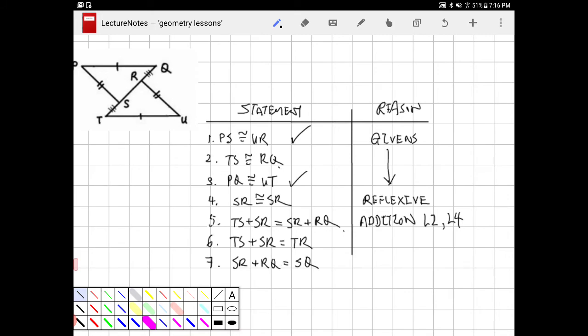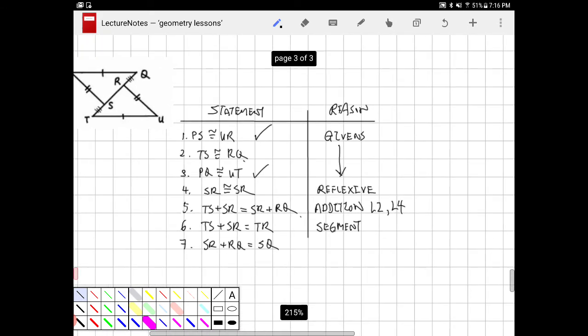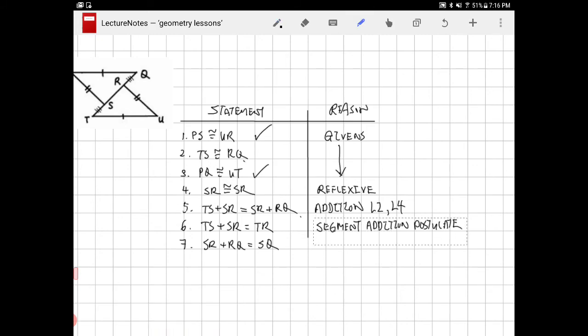So these two lines are made up of those different segments. And why is that true? Remember, this is a postulate. We do not need to defend this in any way because this is self-evident. Segment addition postulate. So these two statements are true for those reasons.